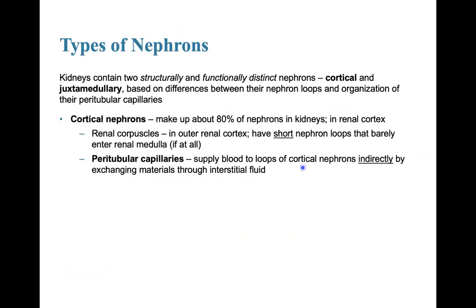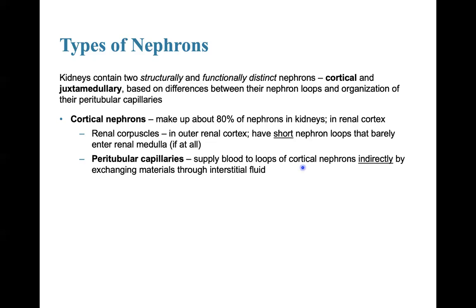So the kidneys actually contain two structurally and functionally different nephrons. Cortical nephrons are the most common and most abundant nephron in the kidney, as well as juxtamedullary nephrons.